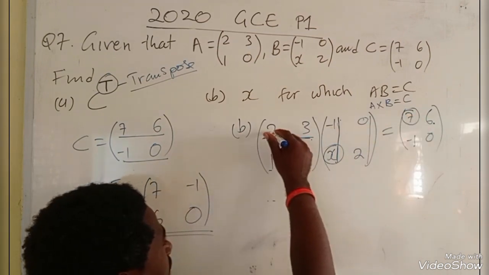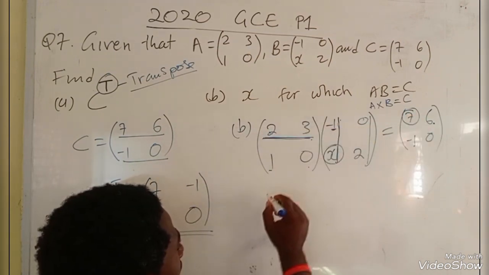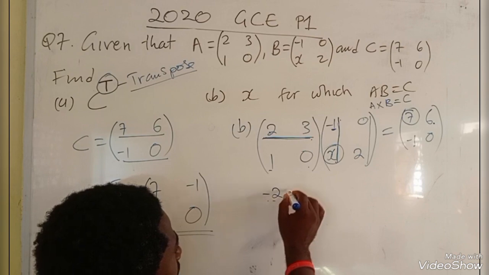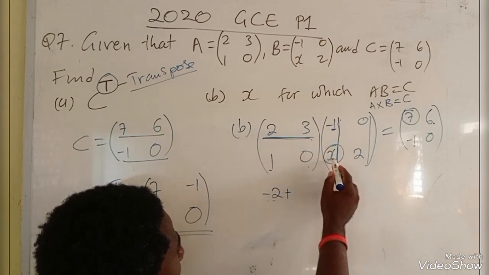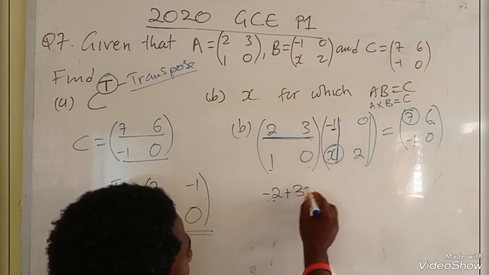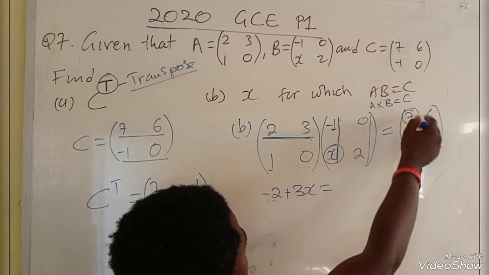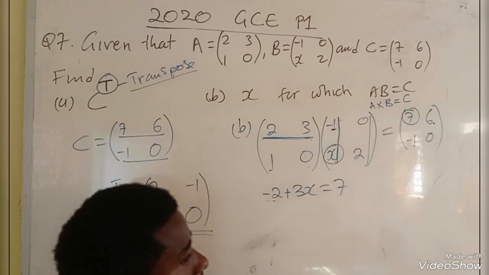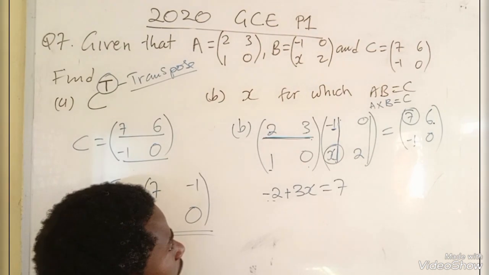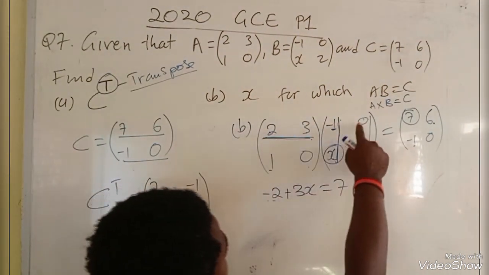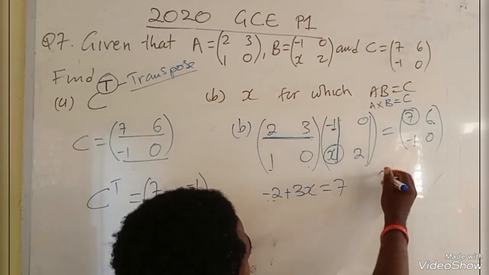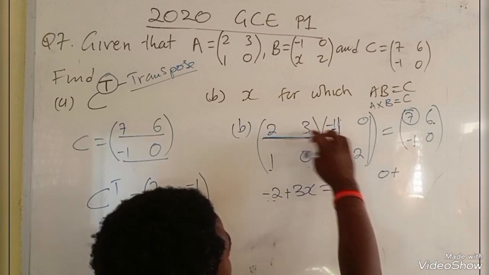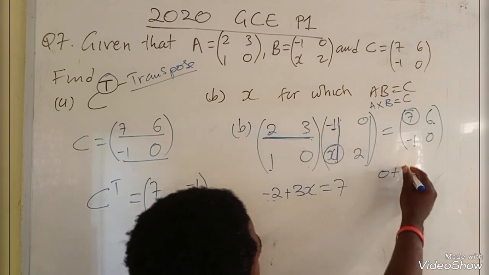7. So 2 times -1, that's -2, plus 3 times x, that is 3x. The result is 7. When you multiply 2 times 0, you have 0, plus 3 times 2, you have 6.